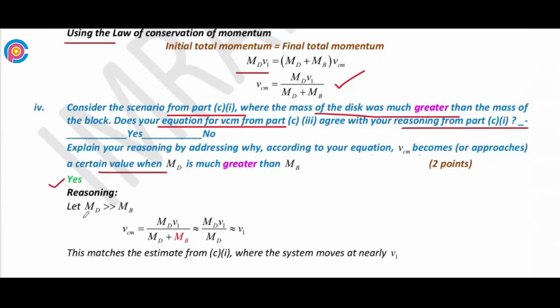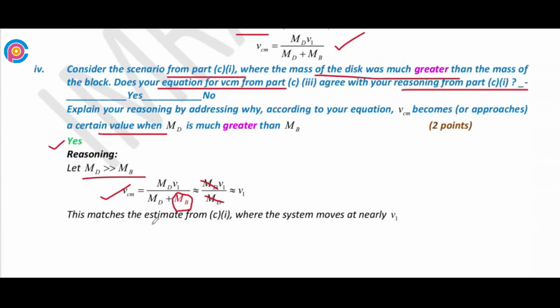Now the reasoning: MD is much greater than MB, the disk mass is much greater than the block mass. We have derived the relation VCM equals MD V1 over MD plus MB. We neglect MB because it is negligible. So the equation can be approximately written as MD V1 over MD. The MD cancels, so VCM is approximately equal to V1. So this matches the estimate we concluded in part C1, where the system moves at nearly velocity V1.